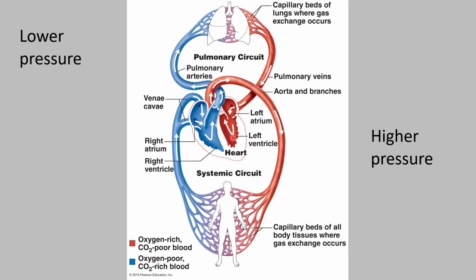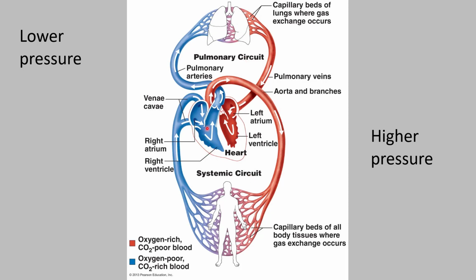The function of the systemic circuit is to deliver oxygen to the tissues of the body and pick up waste carbon dioxide. And we just keep going back and forth. Right side of the heart to the lungs and back, left side of the heart to the body and back. Delivering oxygen, picking up carbon dioxide, dropping off carbon dioxide and picking up oxygen.